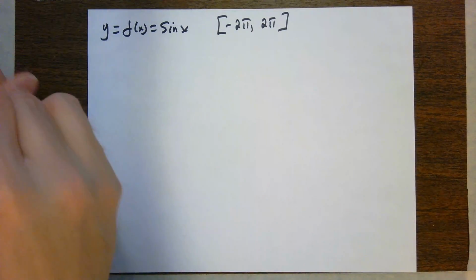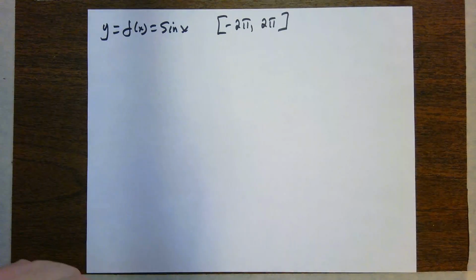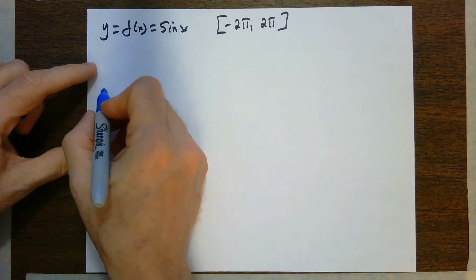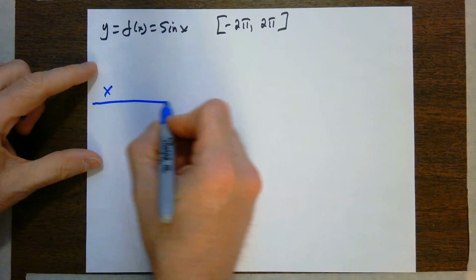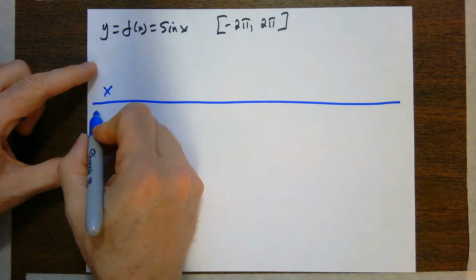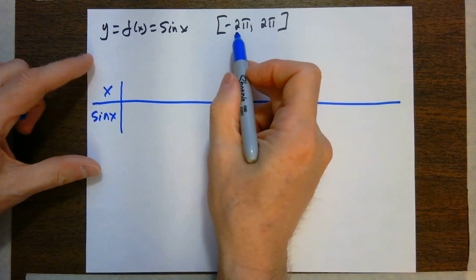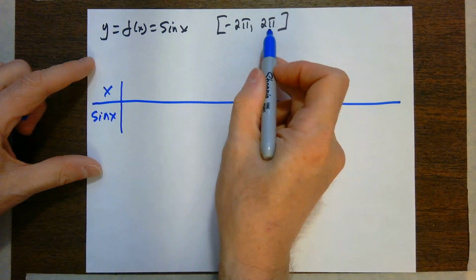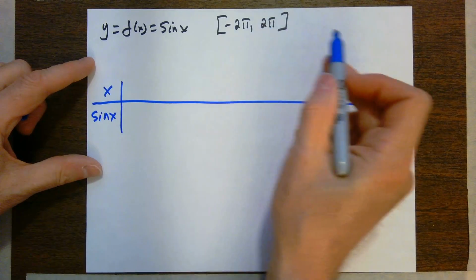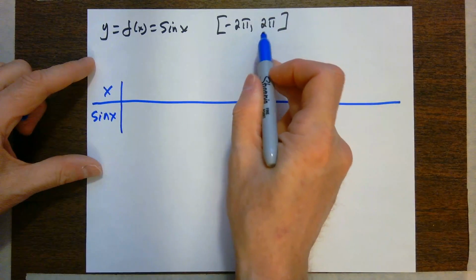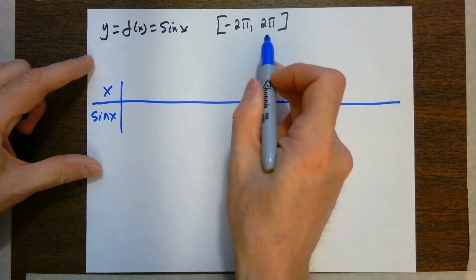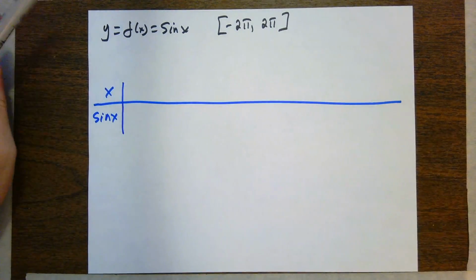So the data table is going to be kind of big here, so make sure we've got plenty of room. I'm going to pick x values here and the sine of x here. We're going to go from negative 2 pi to positive 2 pi, and we're going to use all of our nice, well-behaved reference angles. Well, what do I mean by that?